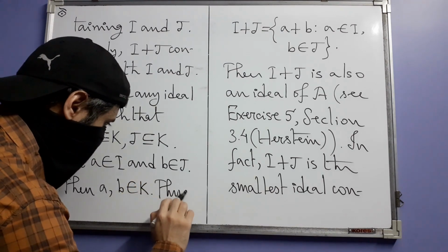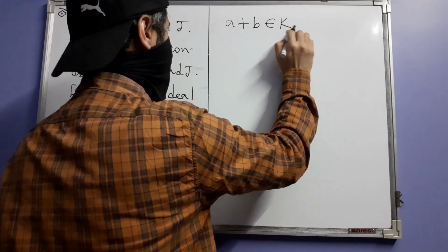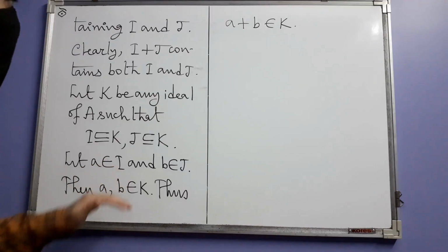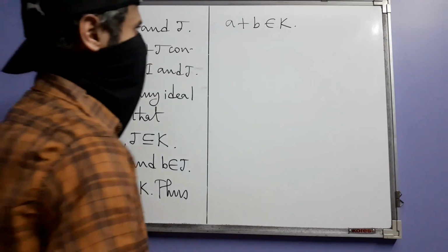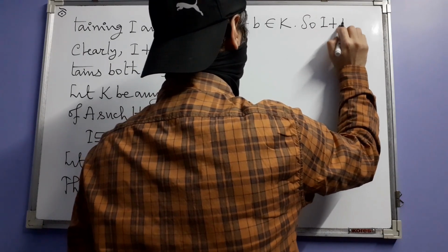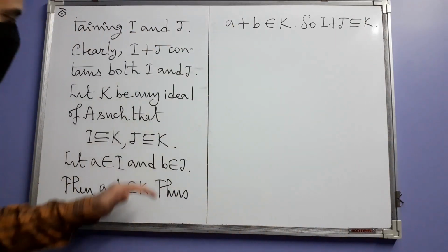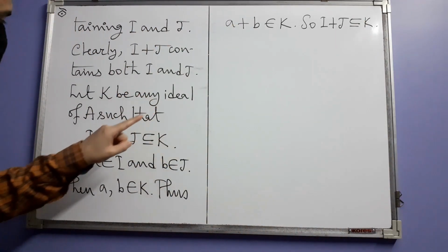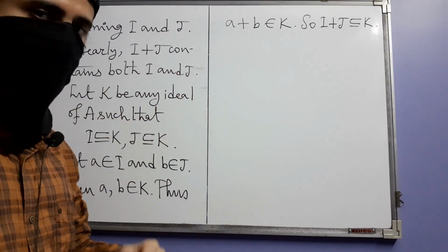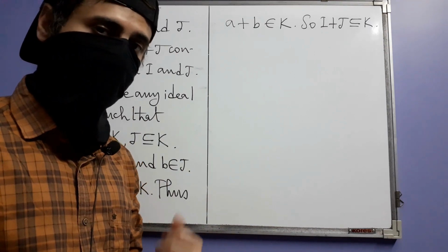Thus, a plus b also belongs to K. However, a plus b is any arbitrary element of I plus J. So I plus J is contained in K. In other words, any ideal K of our ring which contains both I and J also contains I plus J. So in that sense, I plus J is the smallest ideal containing both I and J.